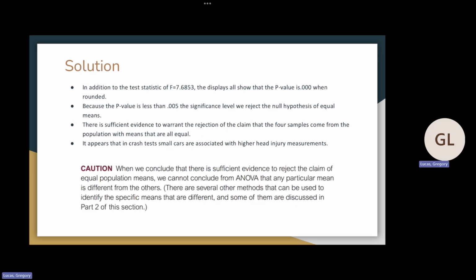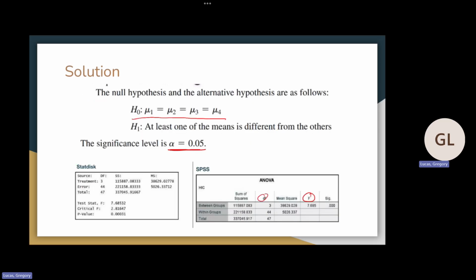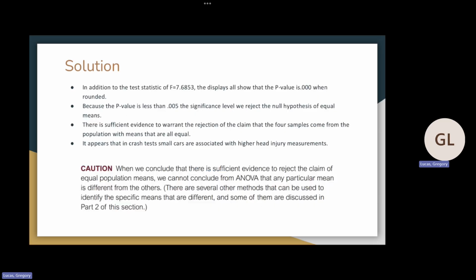So in addition to the test statistic of F equals 7.6853, the display also shows the p-value is 0.00 when rounded. So the significance is our p-value here, 0.000, which doesn't look like much because it's nothing. It rounds to 0. Okay. So we can either use this value or we could use this value.